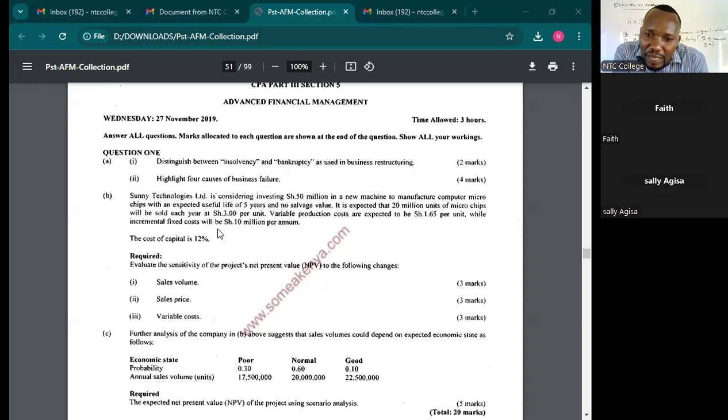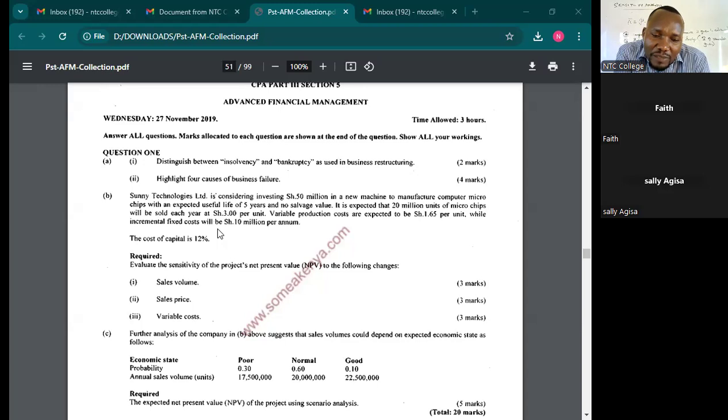Variable production costs are expected to be 1.65 per unit, while incremental fixed cost will be 10 million per annum. The cost of capital is 12%. Evaluate the sensitivity of the project's net present value to the following changes.